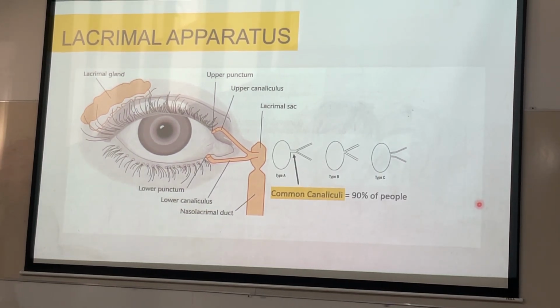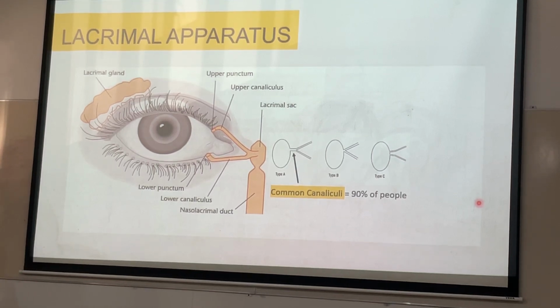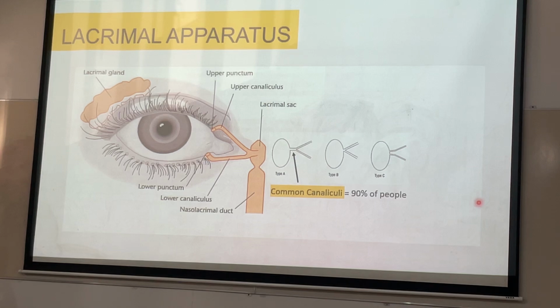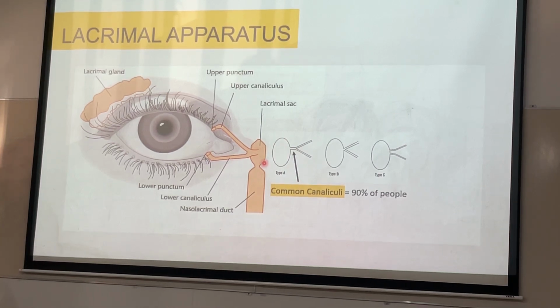Okay, so another structure after your punctum is your canaliculus, canaliculi. 90% of people will have a common canaliculus. That means that your upper and lower canaliculi will converge into one tube, called the common canaliculus, and then it drains into your lacrimal sac.